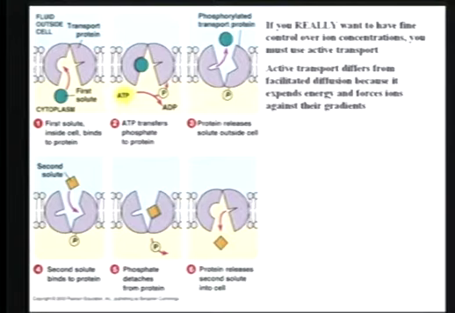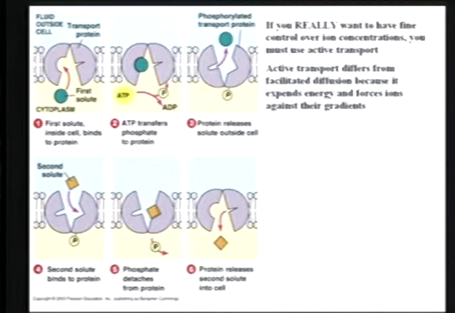Because the phosphate is still there, we can bind perhaps a second solute that's outside the cell, break the phosphate off, releasing the energy in that phosphate bond, and as a result, the protein pops back to its original conformation, and that solute is released into the cell against its gradient.